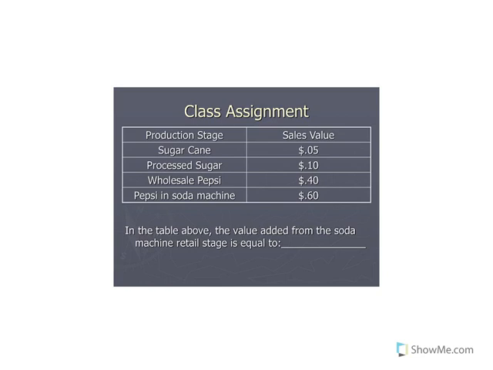So all you would do is take 60 cents minus the 40 cents, so we can see that the added value by the soda machine retail stage was 20 cents. In other words, you just take the difference between what they paid for it from wholesale Pepsi and what they ultimately sold the soda for.